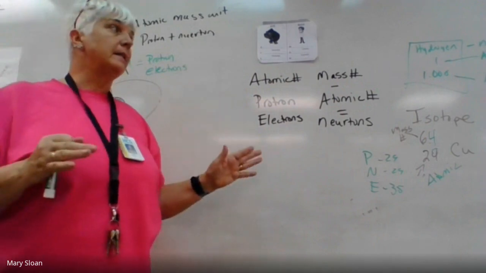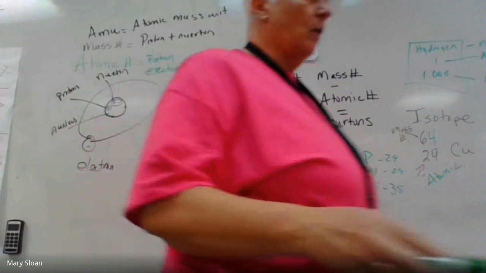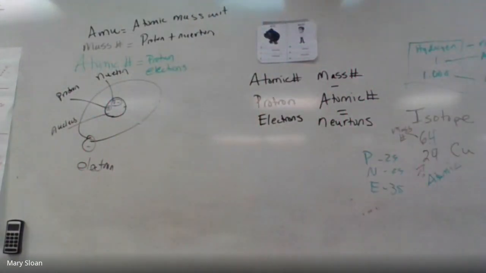So what are we going to write down for an isotope? Let's write down the example that we have on the board. An example of an isotope is 64 over 29 Cu, and 65 over 29 Cu. I would put protons, neutrons, and electrons beside each one, and I would write down what I have: 29, 36, 29.